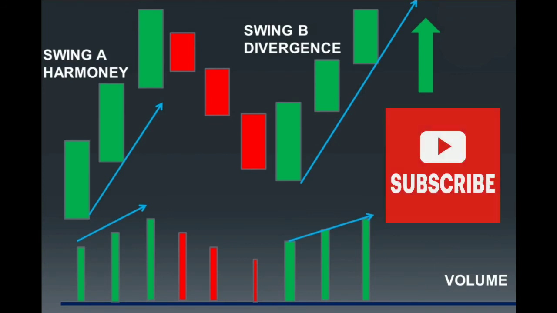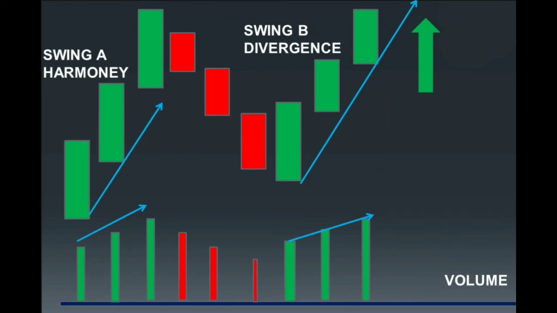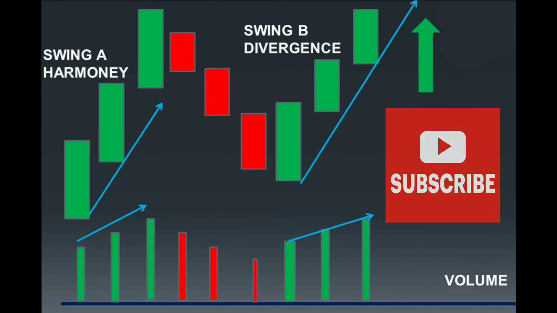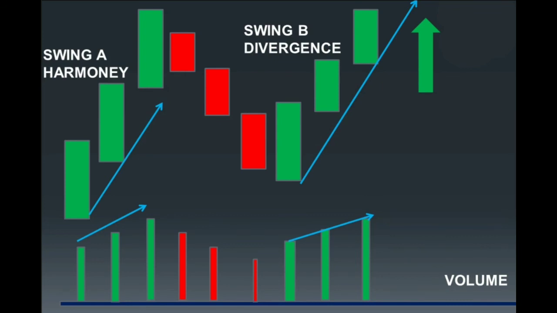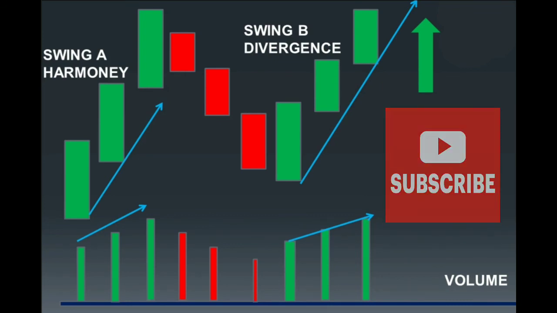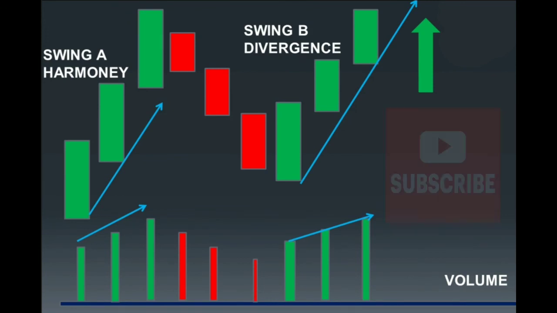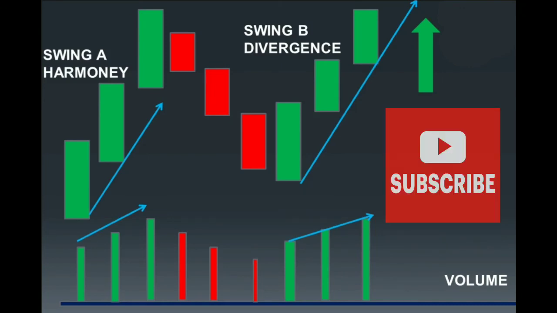We do this by comparing the volume of the current impulse swing with the previous impulse swing. But first, we have to compare if the volume of the current price swing is in the same direction with the volume of the previous price swing. Is there divergence or harmony?